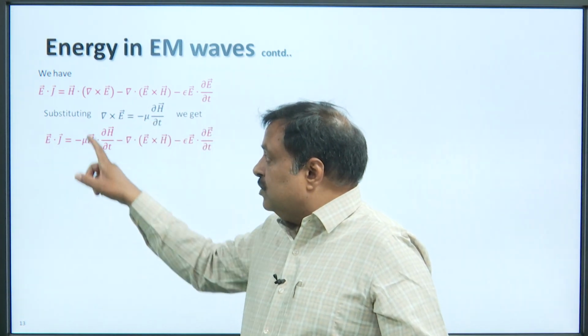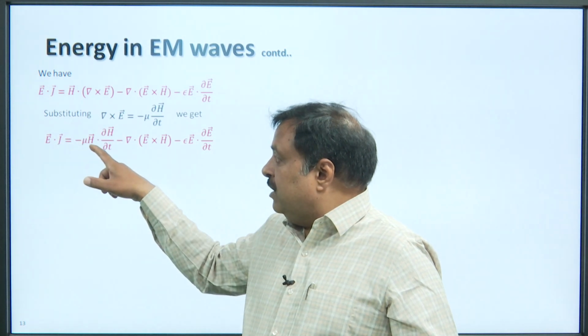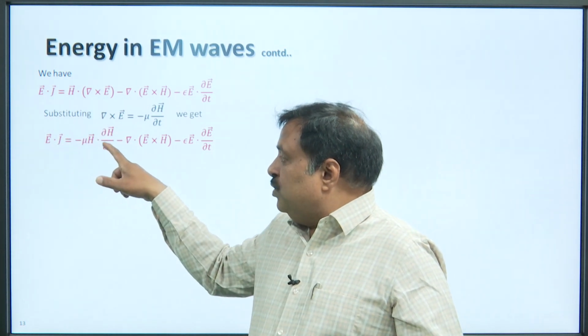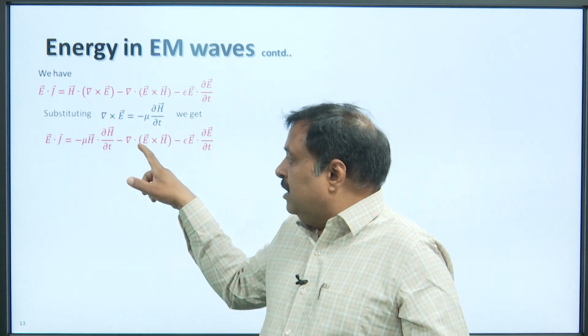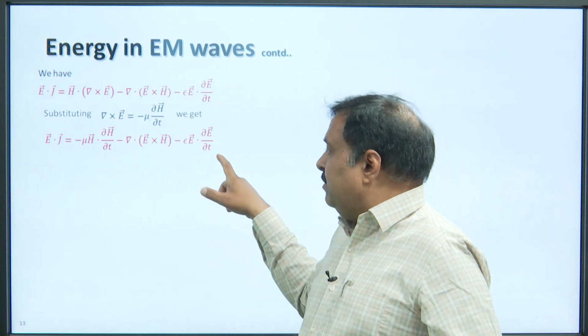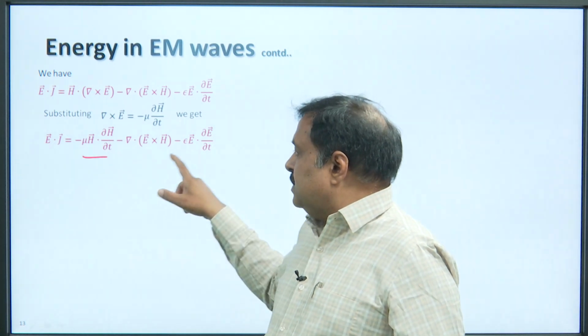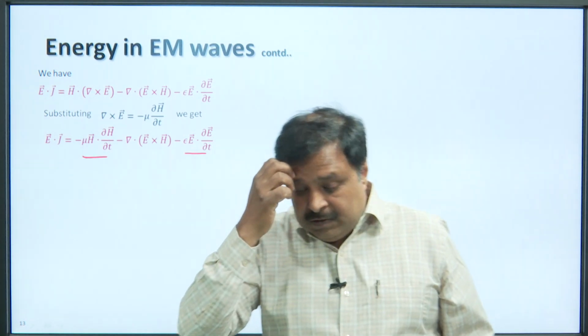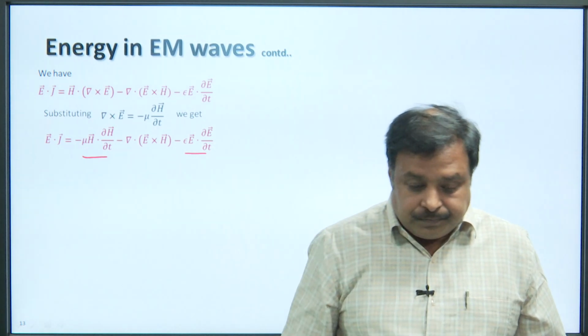So, this equation becomes E dot J equal to minus mu H dot delta H by delta t minus del dot E cross H minus epsilon E dot delta E by delta t. These two terms are similar here.